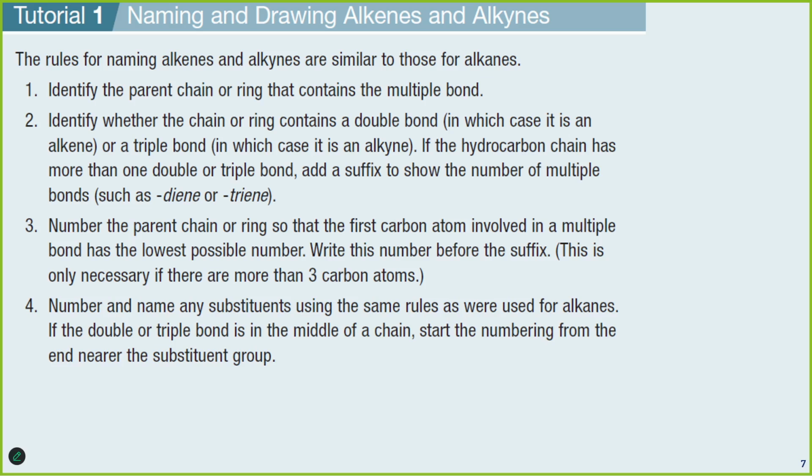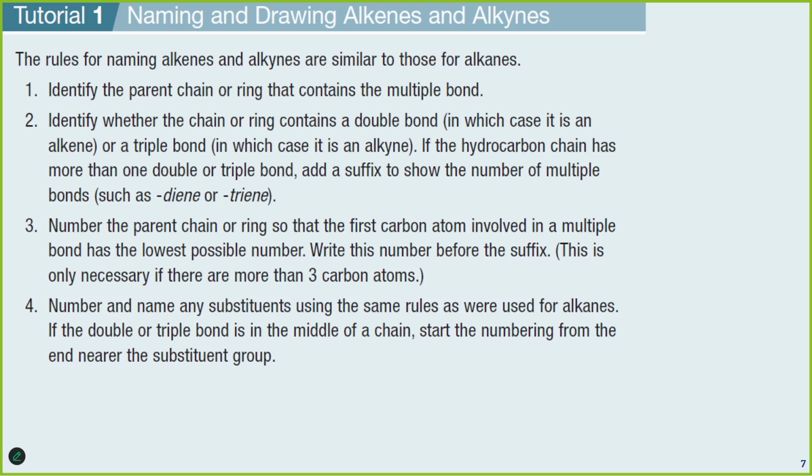Number 3 is to number the parent chain or ring so that the first carbon atom involved in a multiple bond has the lowest possible number. Write this number before the suffix. This is only necessary if there are more than 3 carbon atoms.